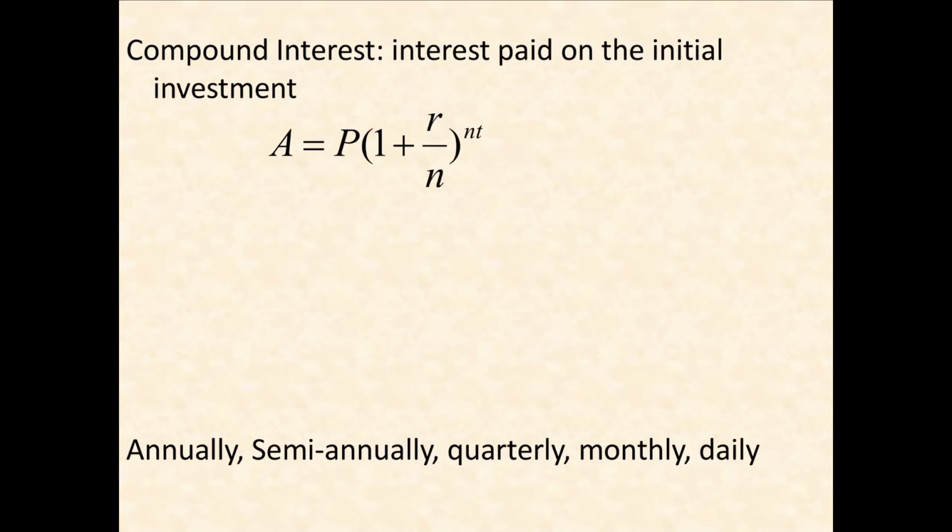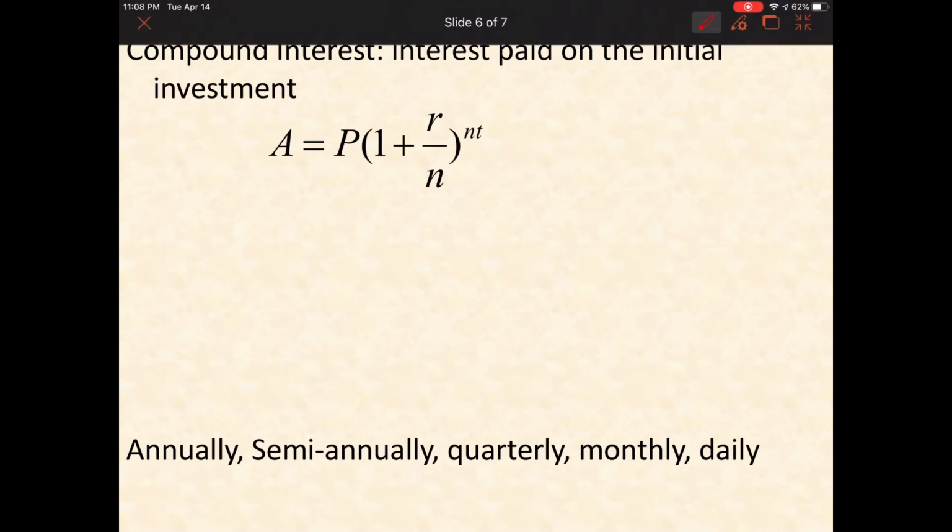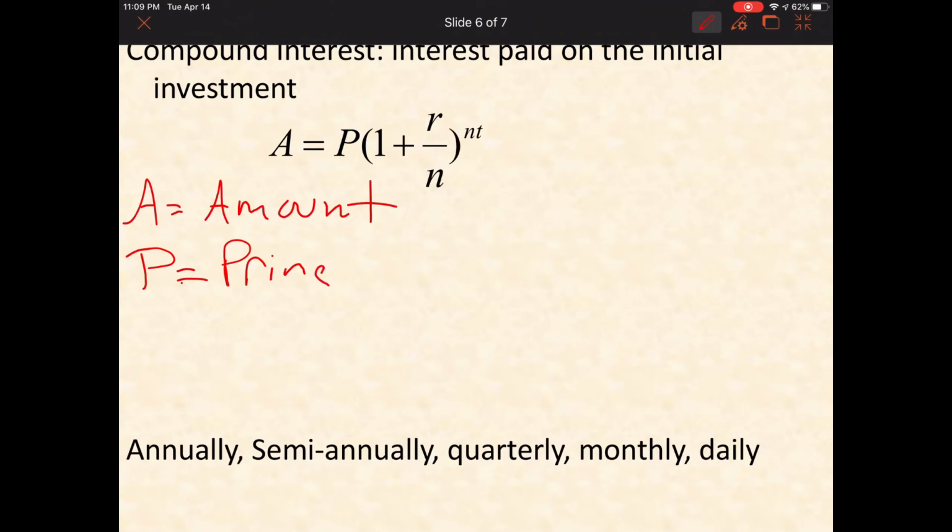Ooh, compound interest, this is going to be fun. All about money, okay? So compound interest, we're going to label these real quick for you. A is the amount after everything is done. P is the principal, which is the initial amount, right? That's the beginning.